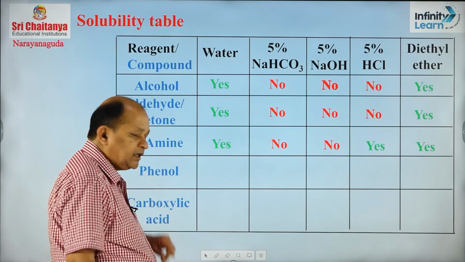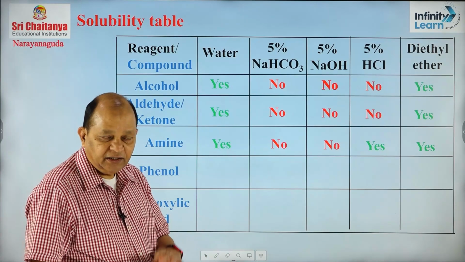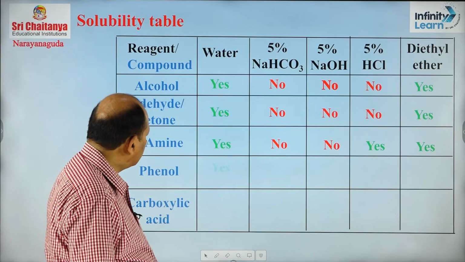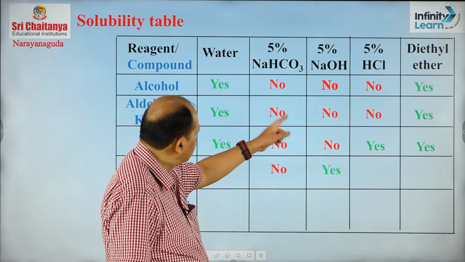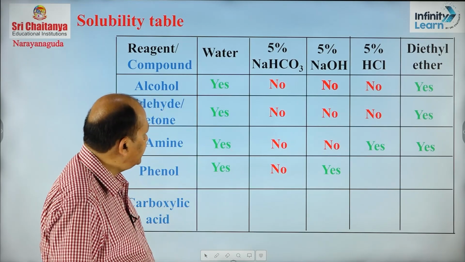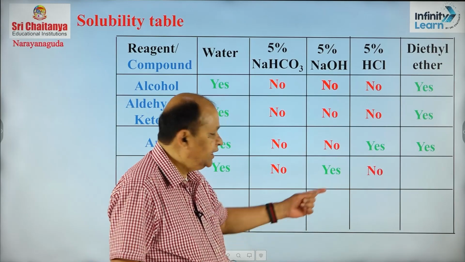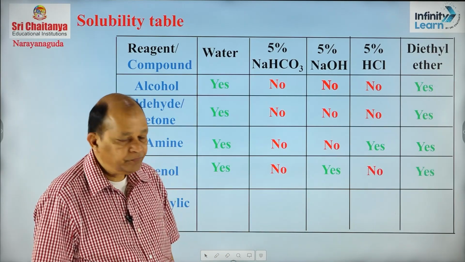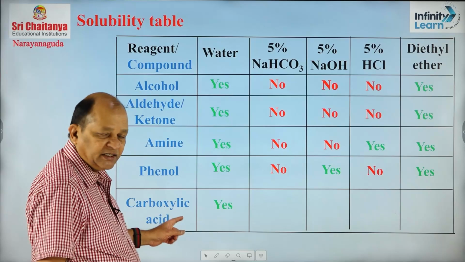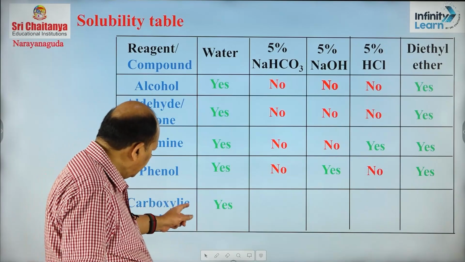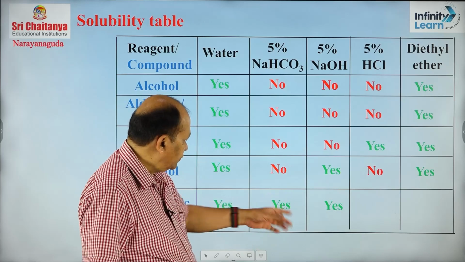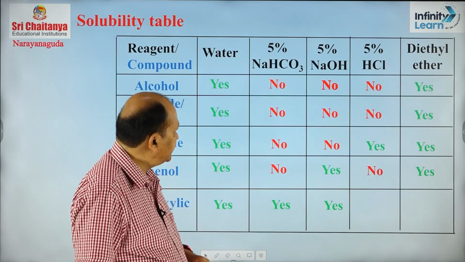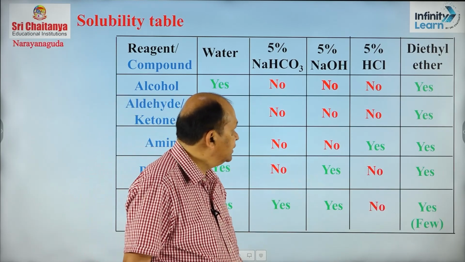Next, phenolic compounds are mildly acidic, more acidic than alcohols. So, they are soluble in water, but not in bicarbonate. Of course, they are soluble in sodium hydroxide and not in HCl, and they are ether soluble. And finally, carboxylic acids are strong acids, soluble in water and in weak and moderately strong bases, but not soluble in acid, and soluble in ether.